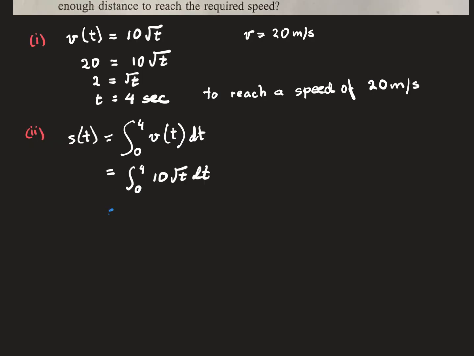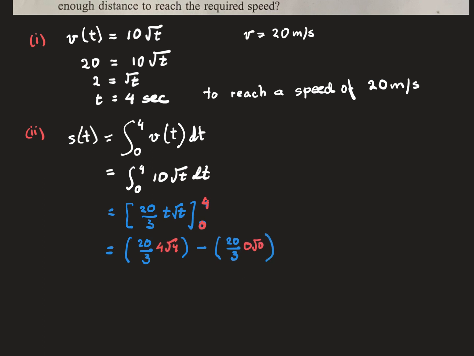And we already found the integral above, so it was 20 over 3 t root t. And that's going to be from 0 to 4 seconds. We're going to substitute that, and that would be 20 on 3, 4 root 4, taking away, and I think you'll find out that that is going to be 0 here, because 0 root 0 is 0.